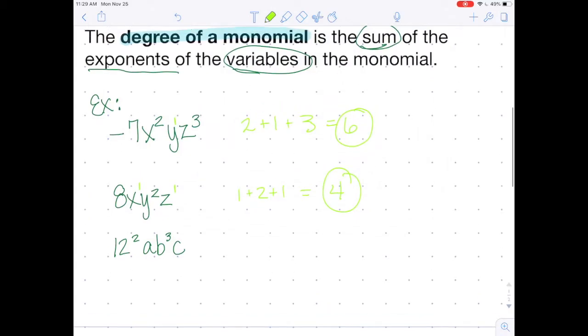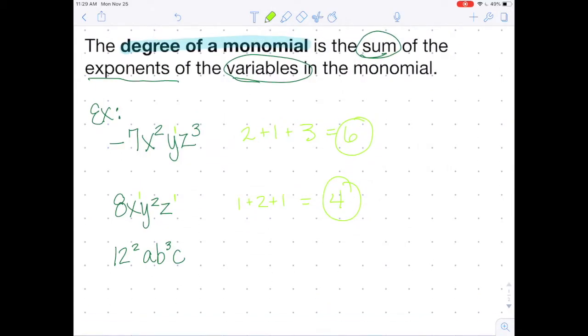Now, remember, the rule for finding the degree is it's the sum of the exponents only on the variables. So I can't actually use this 12 squared. It doesn't help me out at all. But I can use a to the first and c to the first and b cubed. So I'm going to do 1 plus 3 plus 1, which gets me 5. So the degree on this monomial is 5.